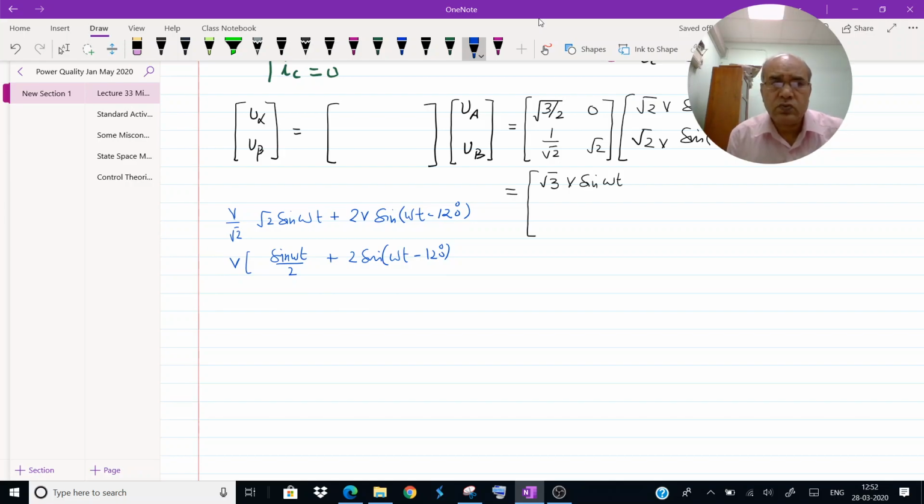Okay, so this is 1 actually, this is not 2. Sine omega t, and this is by root 2 because this is actually root 2. I have taken V common actually, so root 2 will not come here. This can be removed here. It is simply V. Okay, this is simply V.